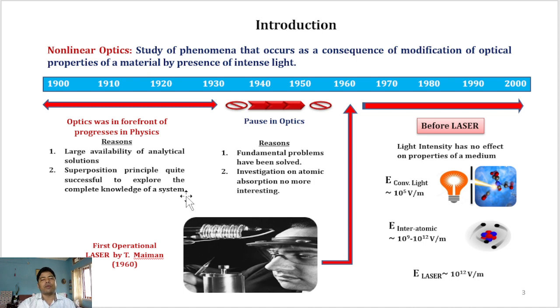Whatever problems we had till that time had already been solved, because we had two great tools: analytical solutions and superposition principles. Whatever problem in optics we found was encountered immediately and solved. Number two, investigation of atomic absorption was no more interesting.